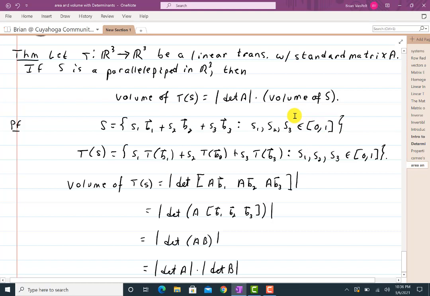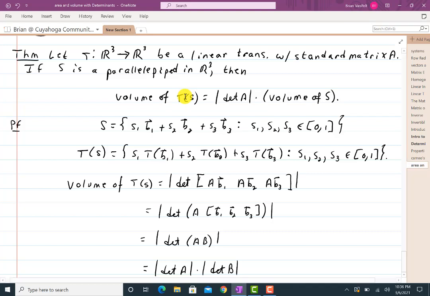What I'm saying is this. The vectors are coming from inside of this parallelepiped. Now, as the vectors become arbitrarily small, this volume will become arbitrarily small. That means the volume of the image will become arbitrarily small.